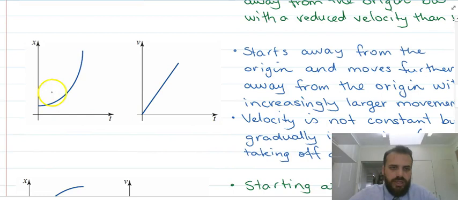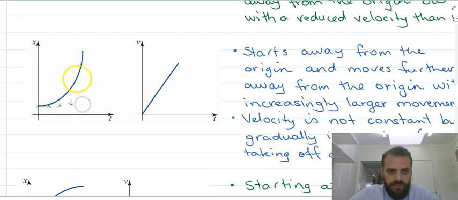Alright, this one is the sort of thing I'm talking about. If you look at this, here's my displacement time. So, over time, in the beginning, I don't move very far. It's almost flat. And then I move a little further, and then I move a little further. So from time 0 to time 1, I barely move at all. From time 1 to time 2, I move a great deal. From time 2 to time 3, much more.